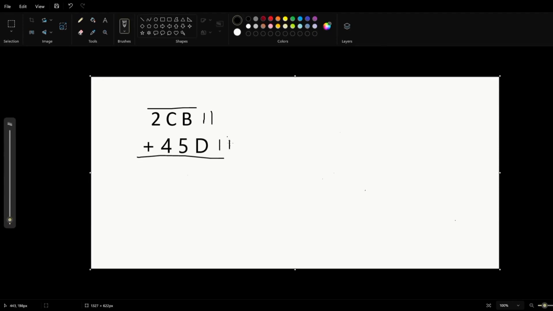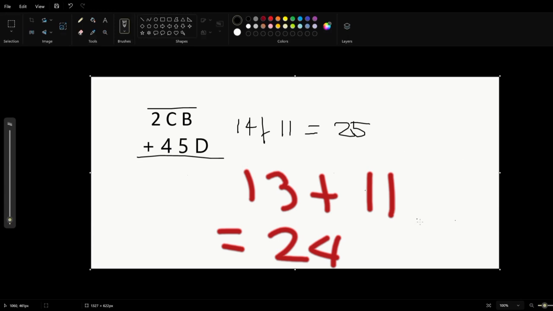B plus D. B is 11, D is 14. 14 plus 11 is equal to 25.